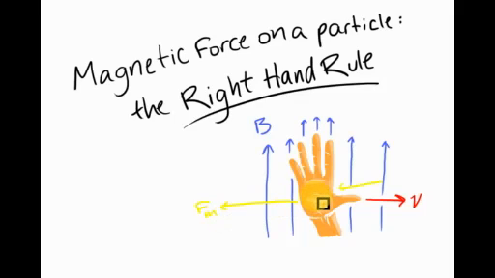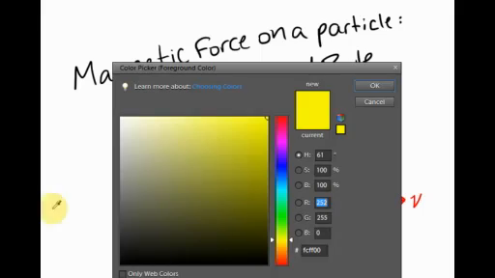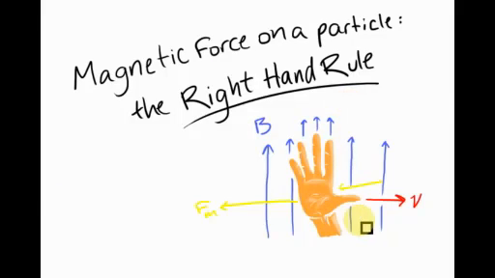So if the particle was in your hand and it's moving in this direction, in a vertical field, it would experience a force that way, which would result in motion that would probably take it, let's use orange since it's a combination, in this direction once you add up the vectors. So that would be the actual motion of your positive particle.